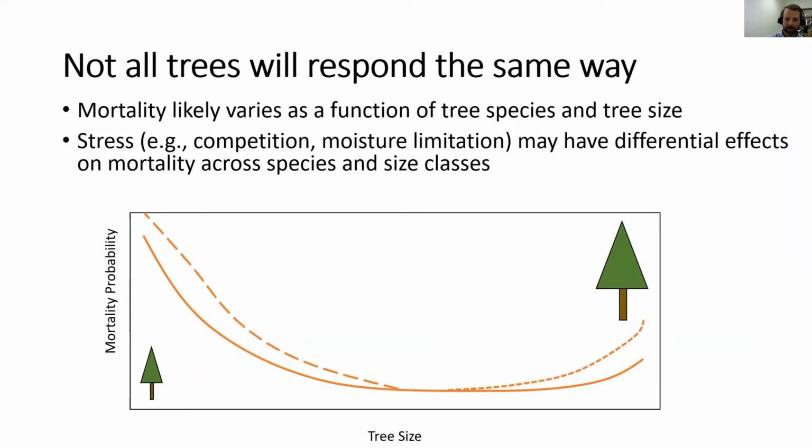We could think about elevated mortality under stress for large trees. Certain insects and diseases are more likely to impact large trees than small trees. Or we might see increases across the gamut of sizes.